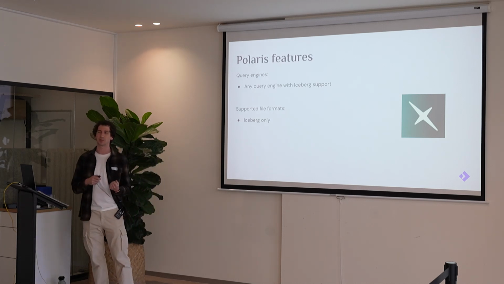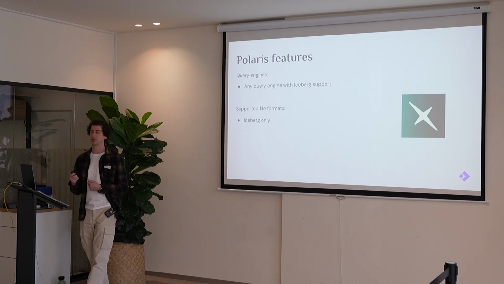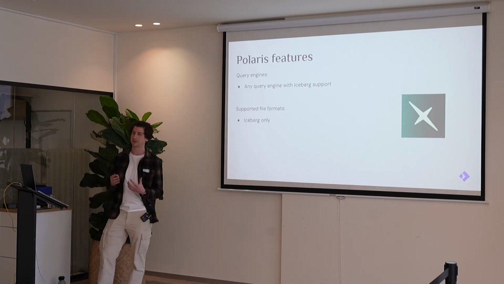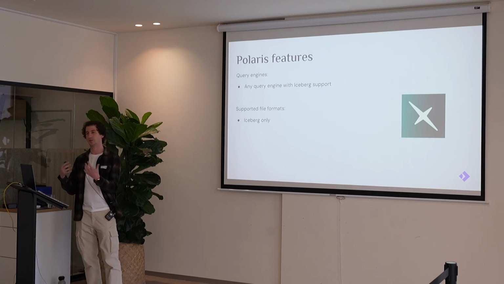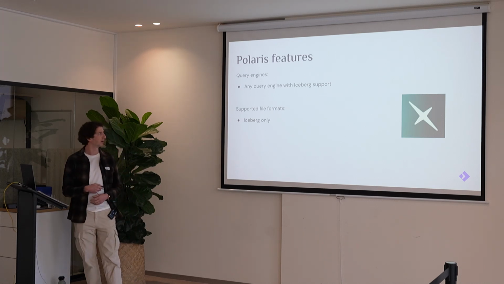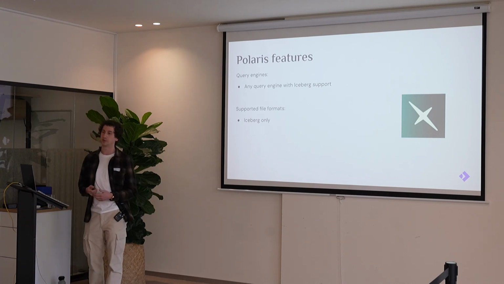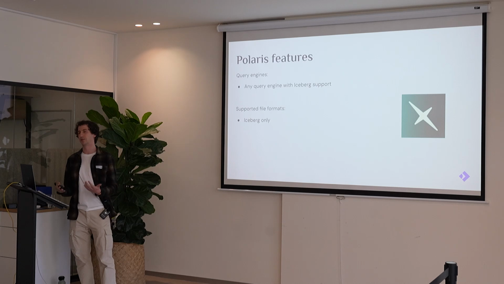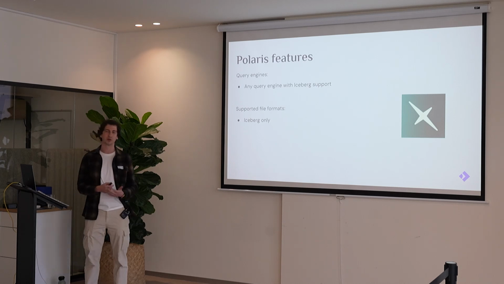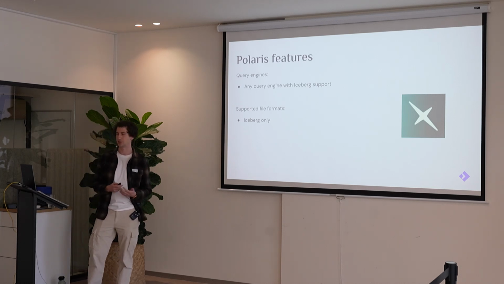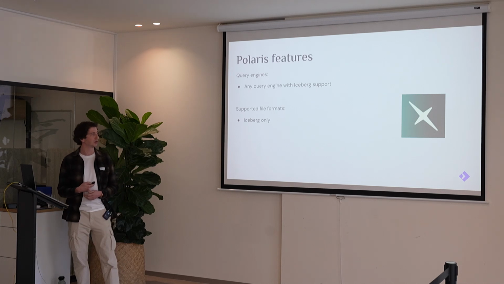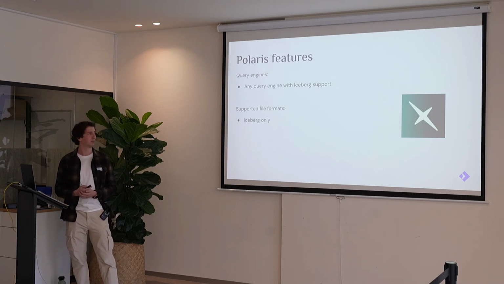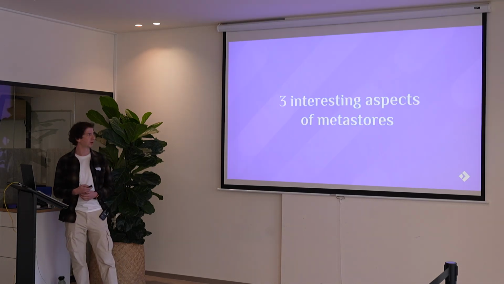And I told you that Iceberg relies on this metastore in order to provide ACID semantics. So they have a specification for how such a metastore must be implemented. Polaris implements it, so they are compatible. This means that a lot of query engines fit this bill. The downside is, since it's tied to Iceberg, the file formats that you can use are limited to just Iceberg. This is already a big distinction between the two and might change whether you should use one or the other.